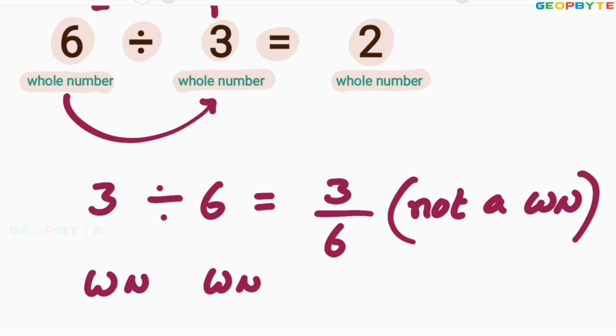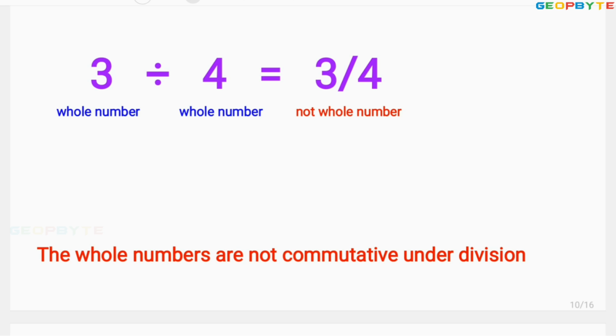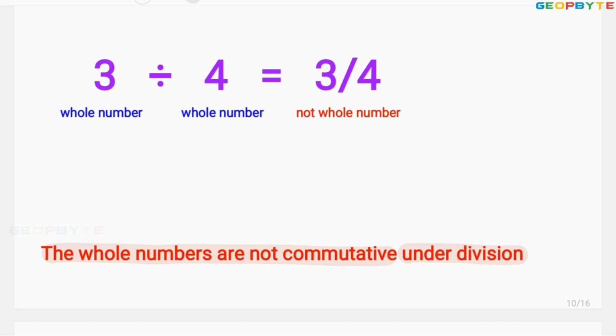The whole numbers are commutative under addition and multiplication, but the whole numbers are not commutative under subtraction and division. The conclusion is the whole numbers are not commutative under division. Okay? Now let us move to the associative property.